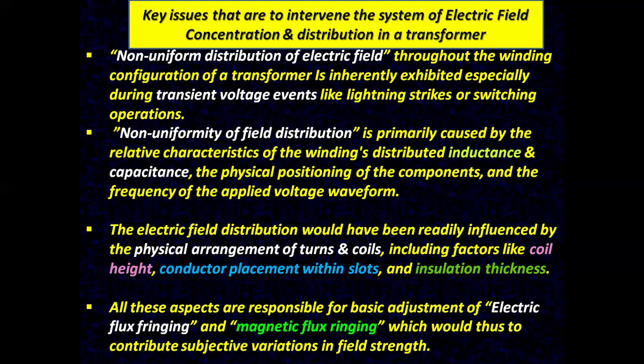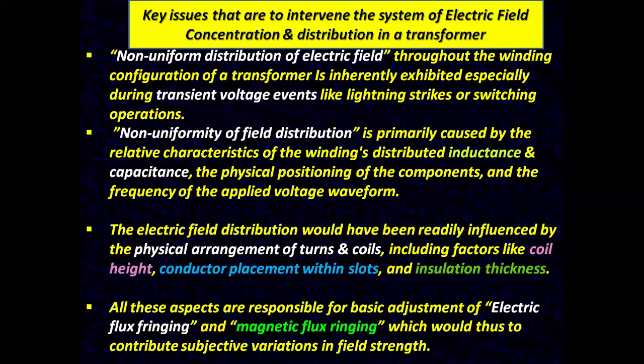Non-uniformity of field distribution is primarily caused by the relative characteristics of the winding's distributed inductance and capacitance, the physical positioning of the components, and the frequency of the applied voltage waveform.